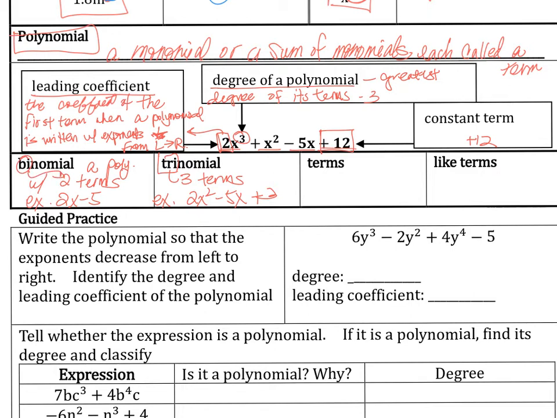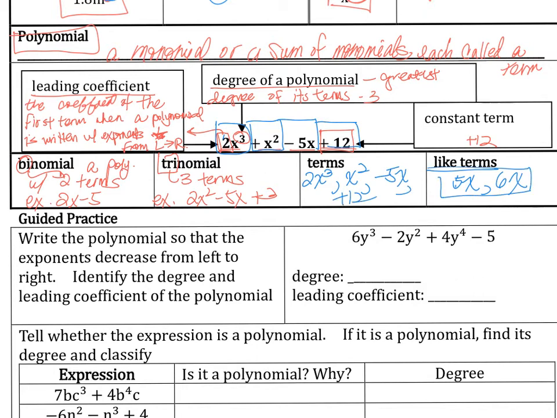And terms are just all of these separate components that make up the polynomial. And like terms are terms that have the same variable with the same exponent. For example, 5x and 6x. So I'll list the terms: 2x cubed, x squared, negative 5x, and positive 12. And these are just random examples.